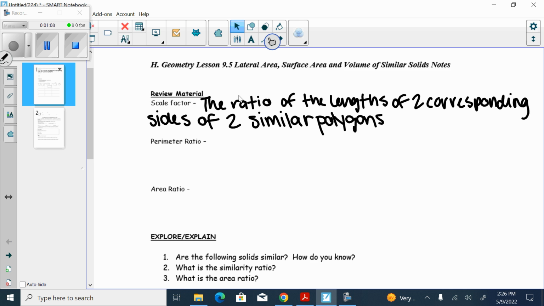Remember, your scale factor can also be referred to as a similarity ratio. That would be the same thing.